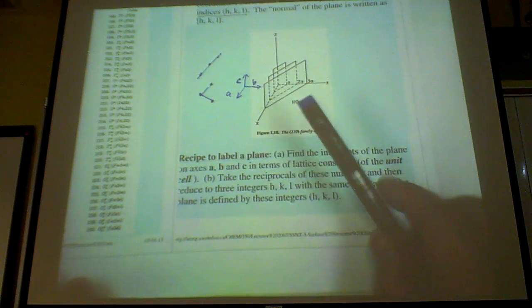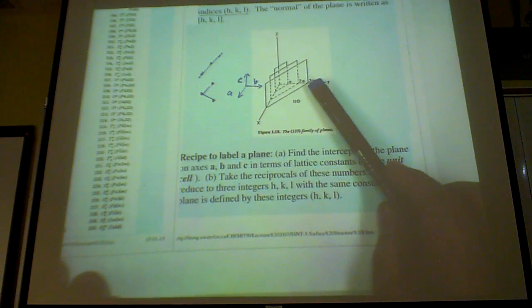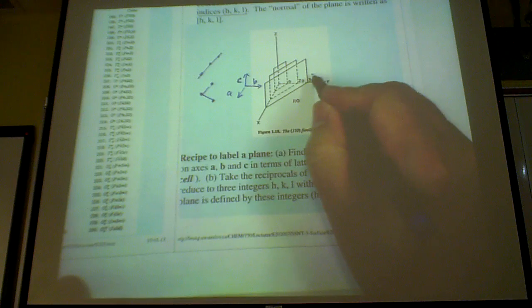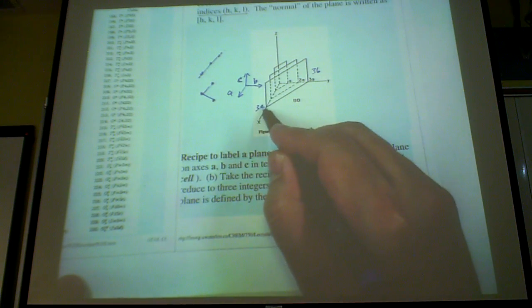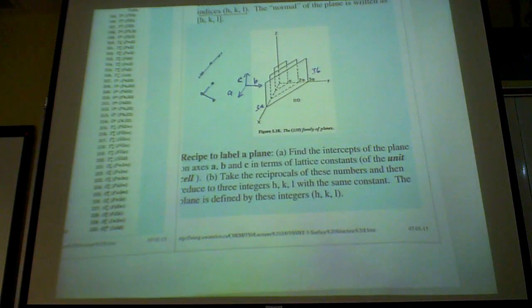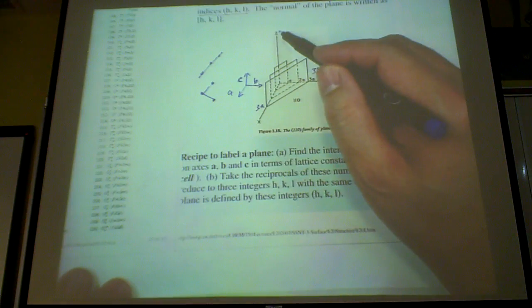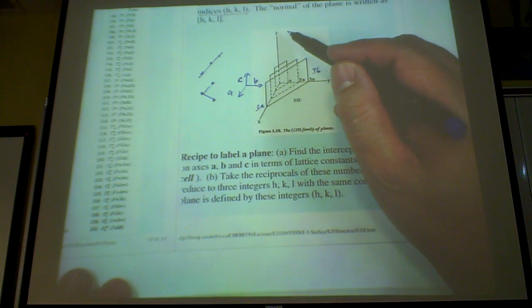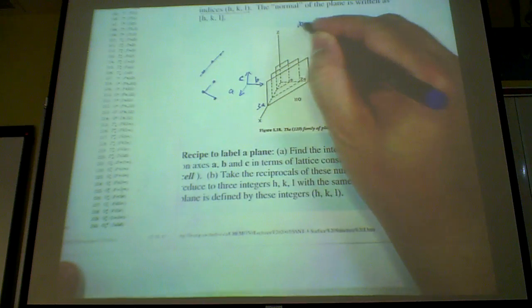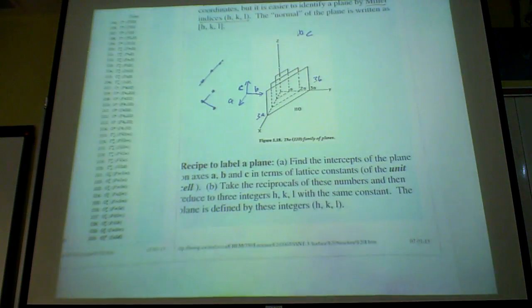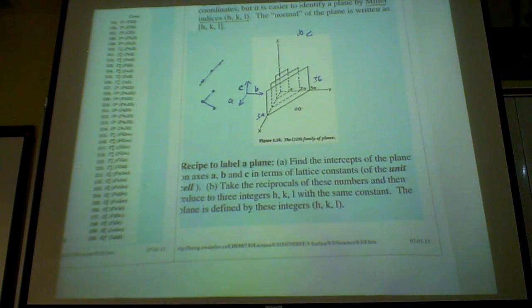It intercepts at 3B, and it intercepts at 3A. And the other one does not intercept the z direction, so that's infinity C.